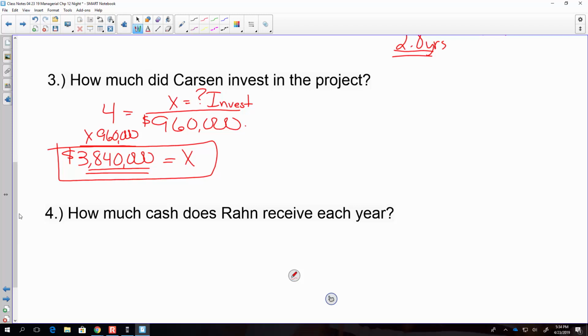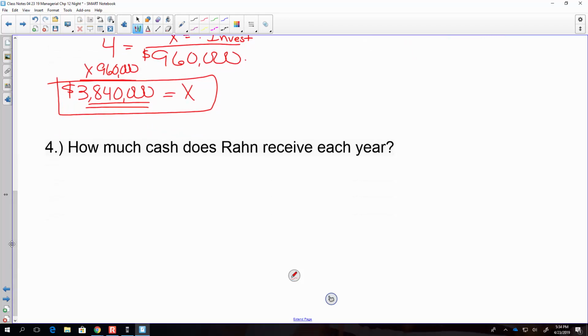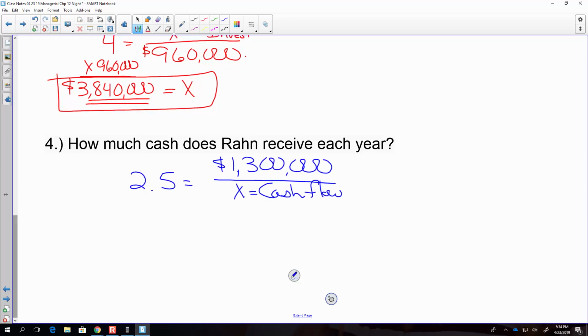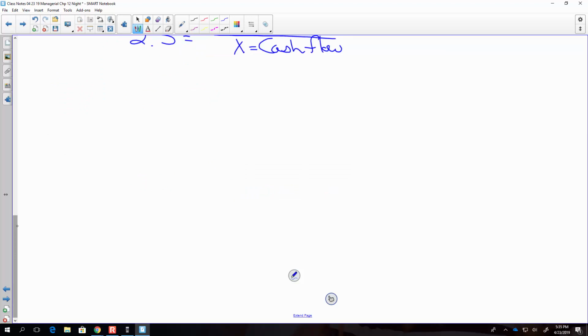And then 4, very similar, the only difference is cash received per year. Here we have a 2.5 payback with a 1.3 investment. And we don't know the cash flow. So how do I get X by itself here? We basically divide by the 2.5 to get X by itself.